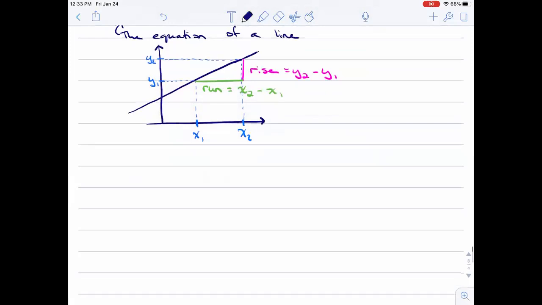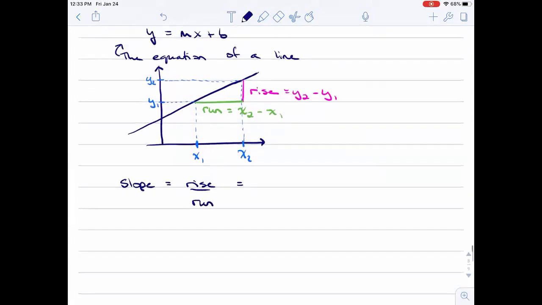So in general, the slope is the rise over the run, which we can replace, in terms of the y's and the x's, with y2 minus y1 over x2 minus x1. It actually doesn't matter which point we use as x1 and x2, they're kind of arbitrary here.